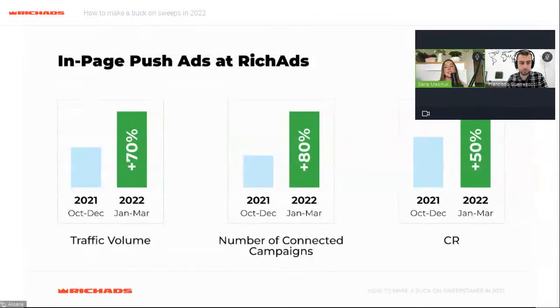When we compare the data about our in-page push traffic from October till December 2021 with the data from the 3 first months of 2022, we saw that in-page traffic has increased by 70% since the new year, and the number of connected campaigns increased by 80%. The conversion rate of top sources increased by 50%.